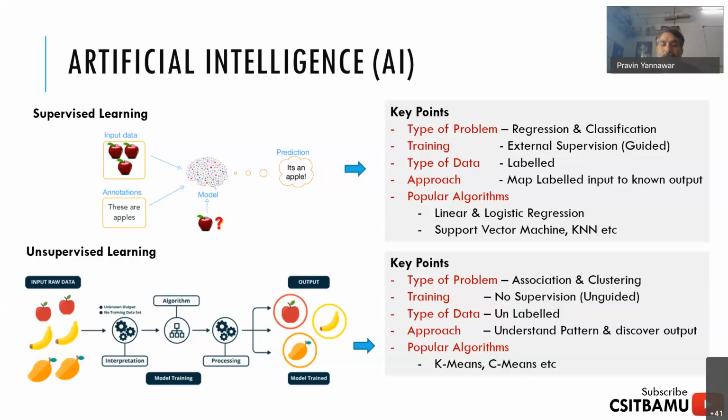So you need to go for interpretation based on certain features. Then you need to go for a training algorithm, and then you can cluster it into A, B, and C. So that is being provided here.